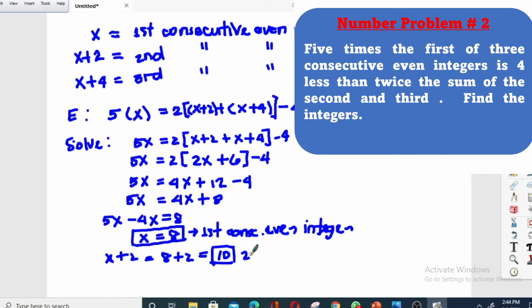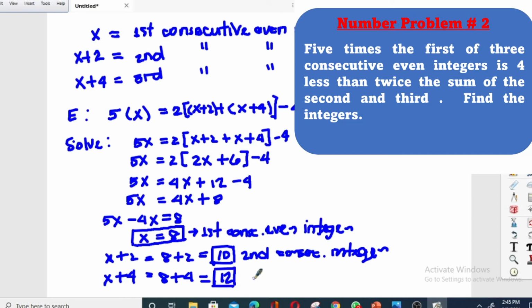So 10 will be the second consecutive integer. Then x plus 4 is equal to 8 plus 4 is equal to 12. So 12 is the third consecutive integer.